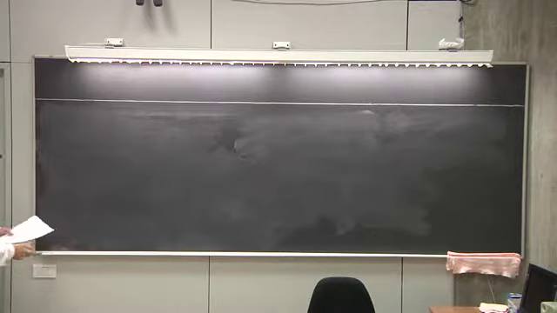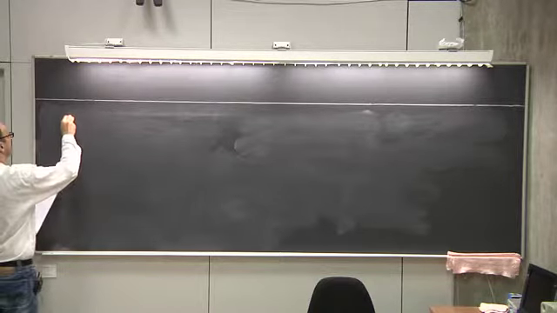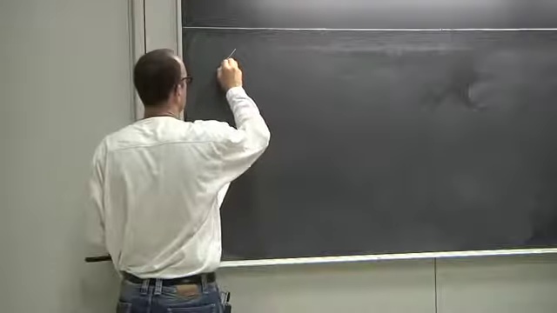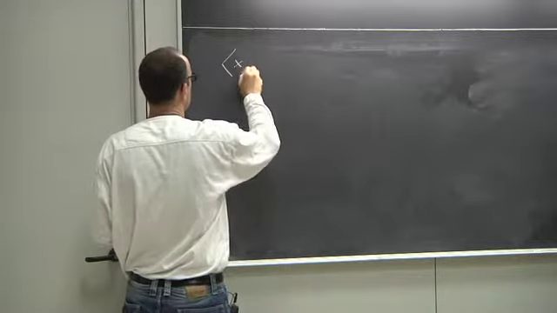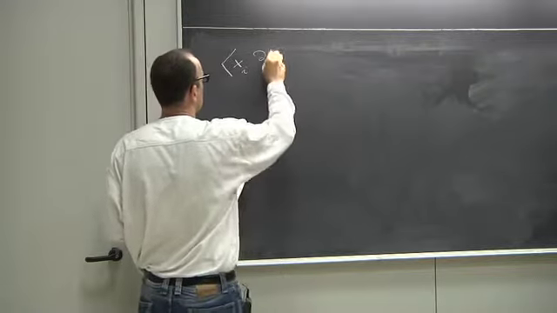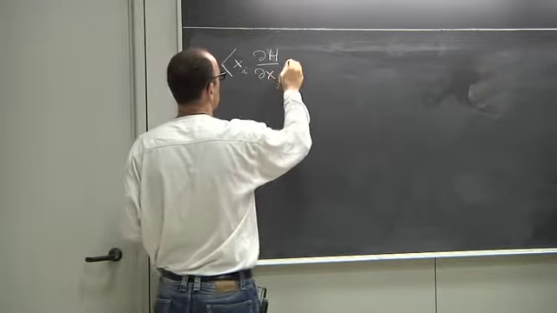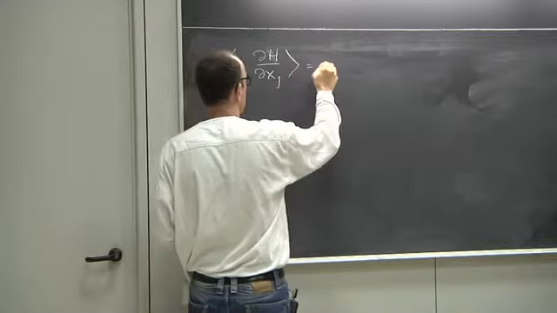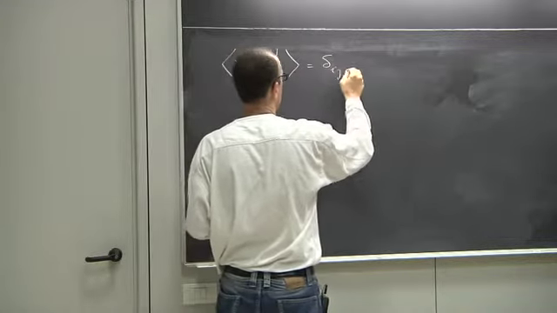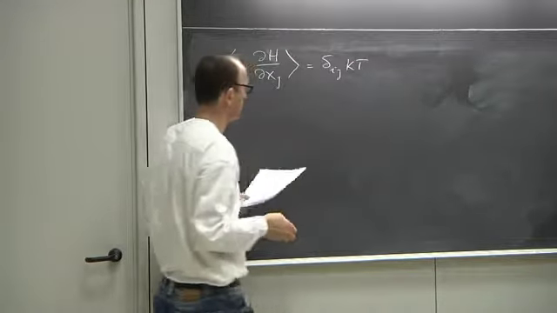So I would like to go back to our result, which we have derived yesterday, which says that if we take this expected value in the canonical ensemble, then we get delta ij times kT.